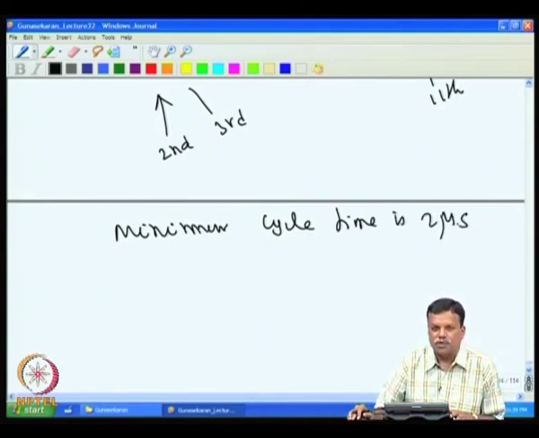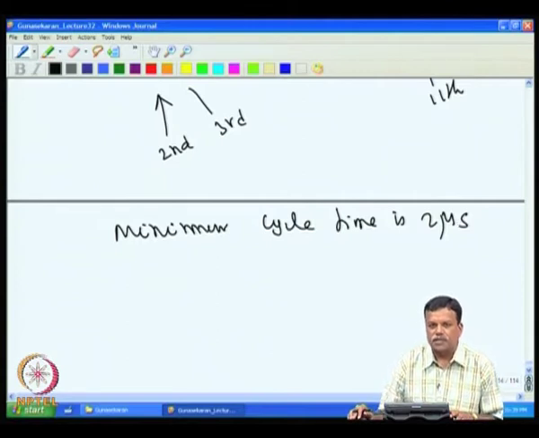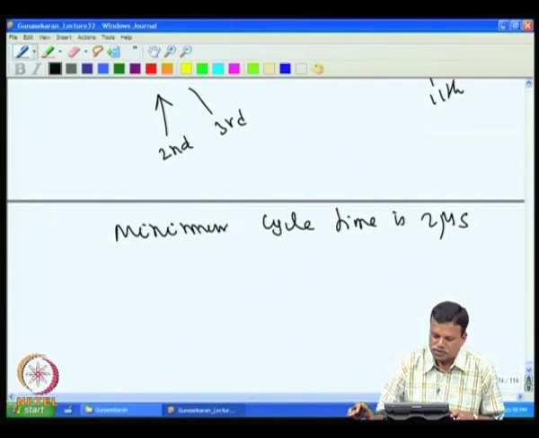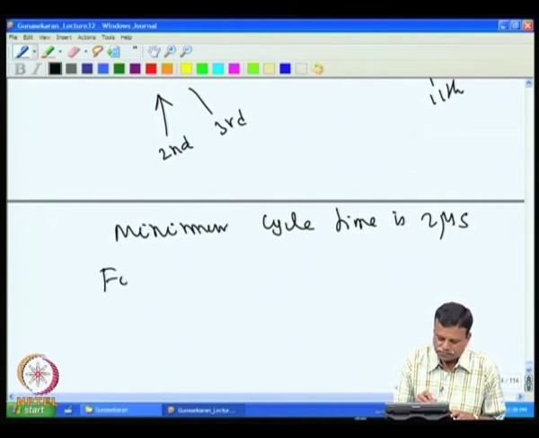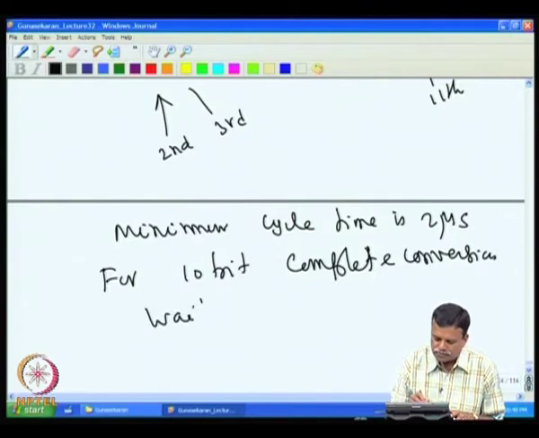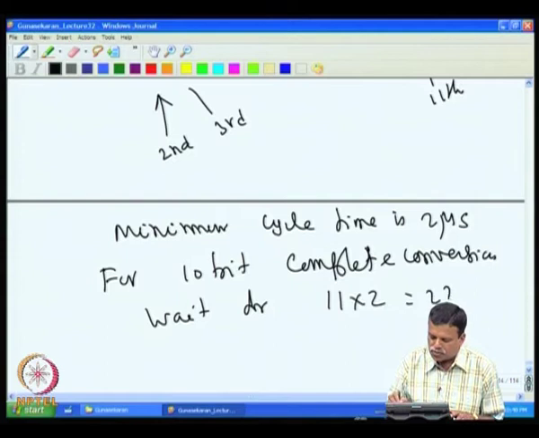So, for complete conversion, that is if I want complete 10 bit accuracy, then I have to wait for 11 cycles, 11 into 2, that is 22 microsecond.